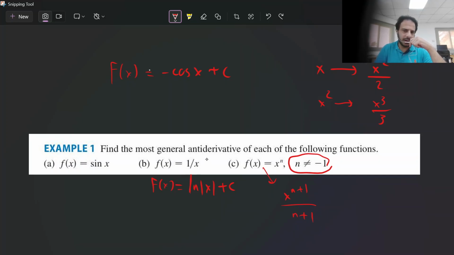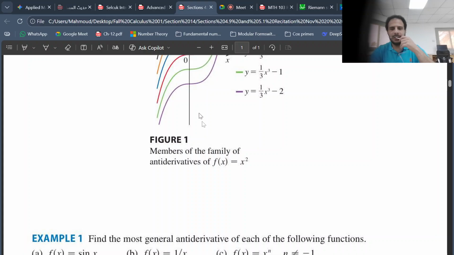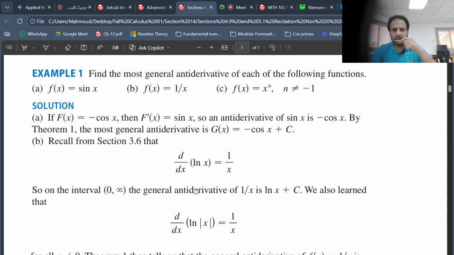And also, the answer for minus 1 is here, part B. Good? But now let's talk a little bit more about part B, because this will be the answer that we will use, but there is more about this. Let's get back here. I will show you more about part B.